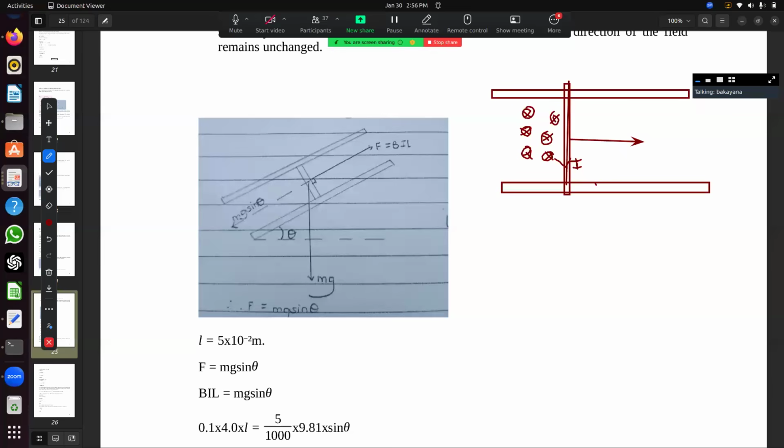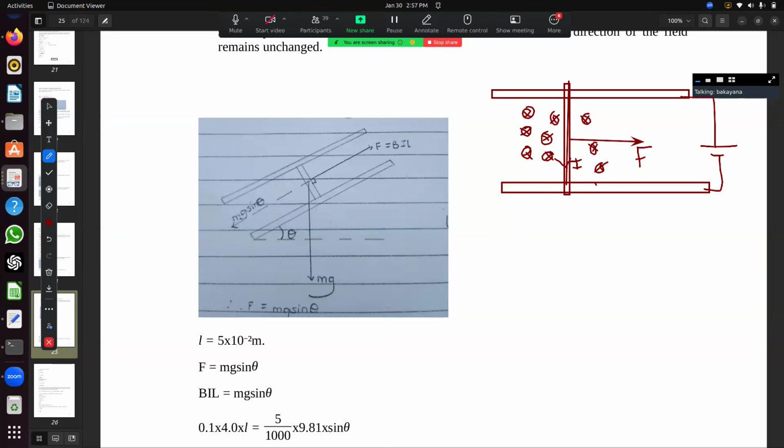The current is cutting it at 90 degrees. That means the current and the magnetic field are meeting at 90 degrees, which creates a force that makes the rod move. Why? Because these are connected to a battery, the source of current.